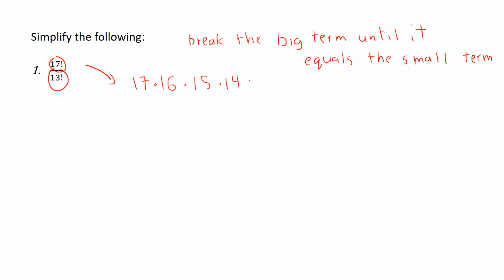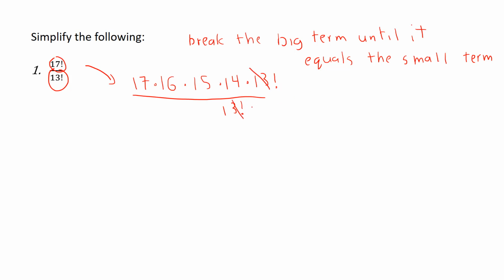I keep my eye on the denominator, because when I get to 13 and it keeps on going, I see, hey, 13 factorial is on the bottom. If I just keep that factorial on top, that just means onward down to 1. So I can stop there with that 13 factorial, and this can now be canceled out.